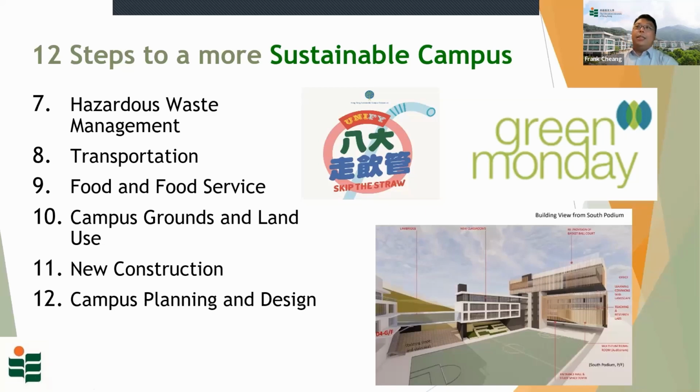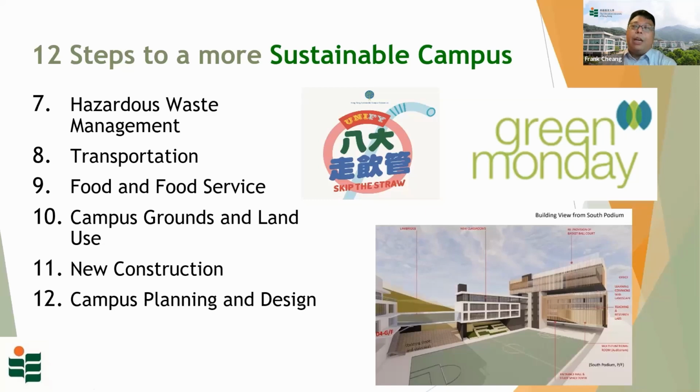It's still in the designing and consultation stage, but we have already consulted our estate office, relevant experts, and also gathered opinions from various stakeholders, including us, the campus users, on how we can make the whole building more sustainable, or support the sustainability initiative.